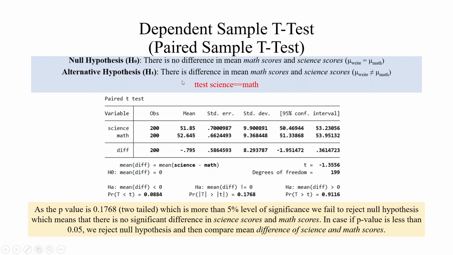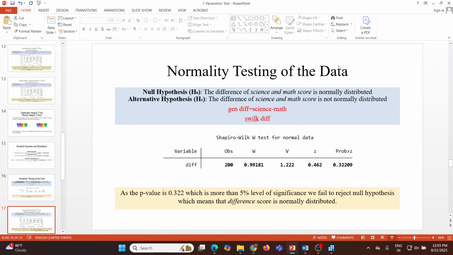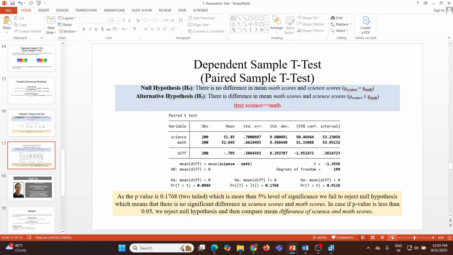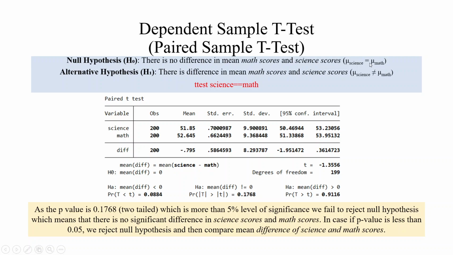What is the null? There is no difference in mean math scores and science scores of the students. So mu science is equal to mu math, and here mu science is not equal to mu math. What's the command line? ttest science == math. And let's run this.